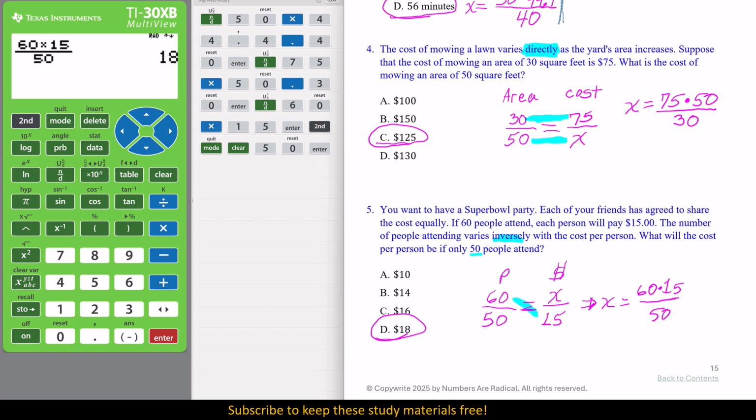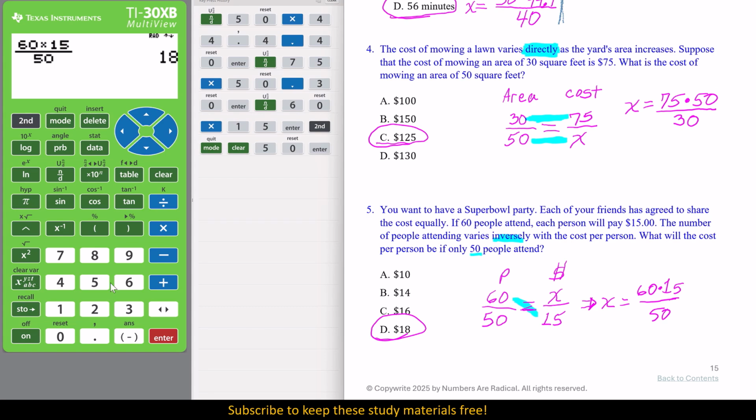So naturally, the fewer people that came, the less you had at your disposal. There'd be less food, less drink, no leftovers to take home. So you're going to pay more because you have to absorb that cost.